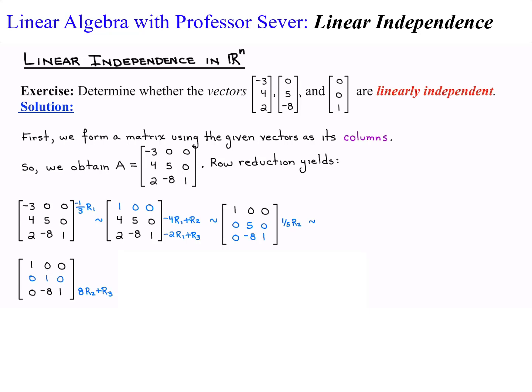Now we have a pivot position in row 2, namely in the 2, 2 entry. So now we need to clear out below that entry, namely we need to get zeros below it. Therefore, we need to multiply row 2 by 8 and add that to row 3. When we do that, we will obtain the next step.